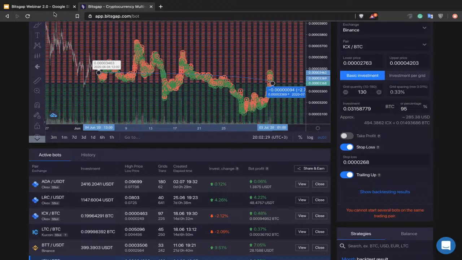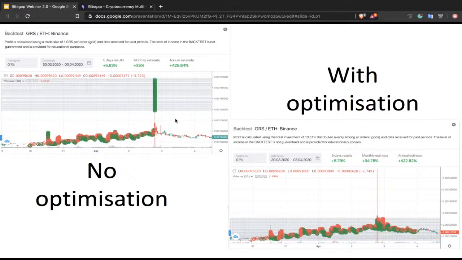Another one is that the algorithms that we have implemented in the bots allow to spot, not every time, but quite successfully in many cases, extreme pump and dump scenarios happening on the market. So without automation, without this optimization of spotting extreme pumps and dumps, you would get stuck with quite many buy orders executed at the very highest price.